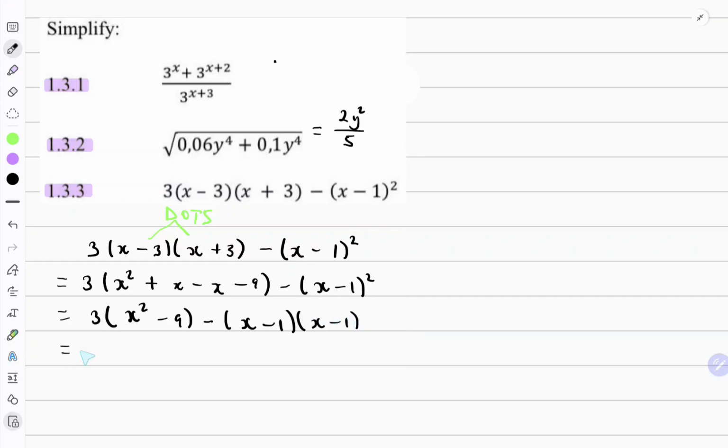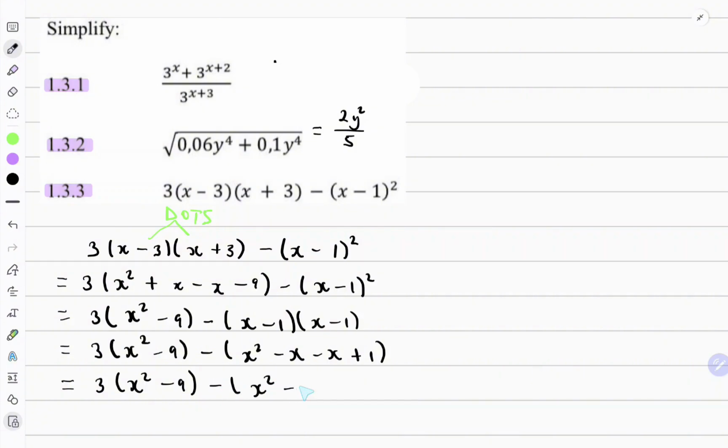You can use FOIL again. x times x is x squared, x times negative 1 is negative x, negative 1 times x is negative x, negative 1 times negative 1 is positive 1. So this here is equal to 3 times x squared minus 9 minus x squared minus 2x plus 1.